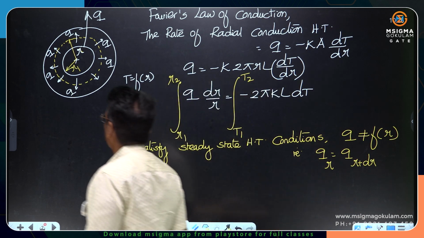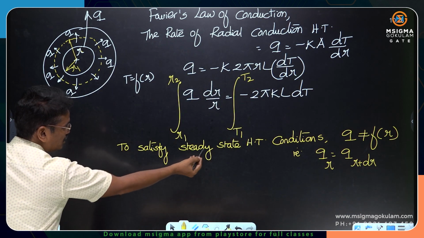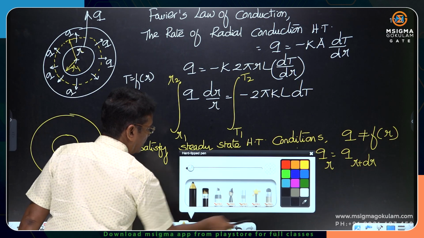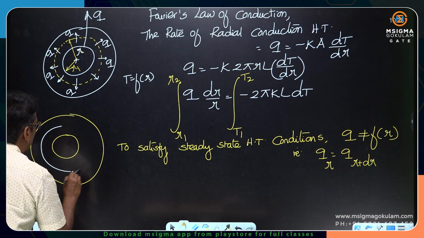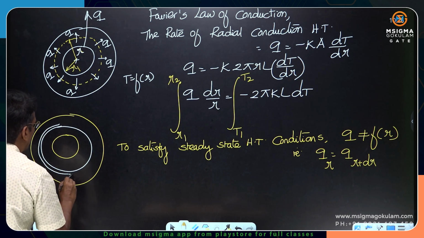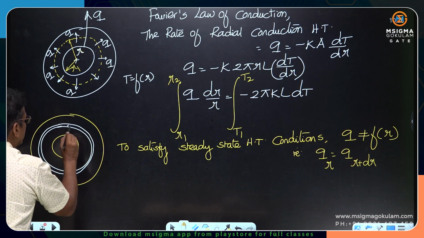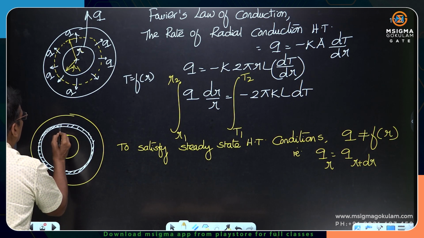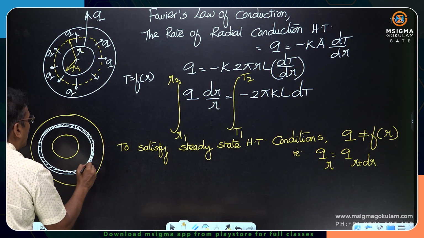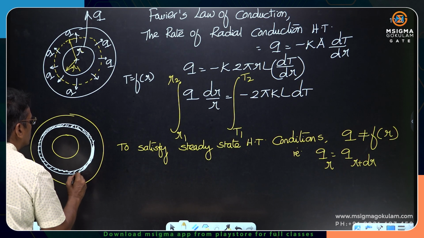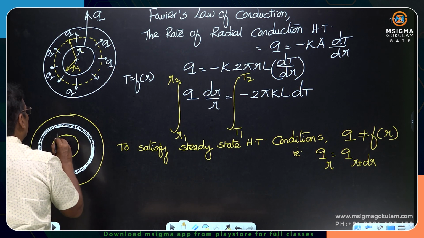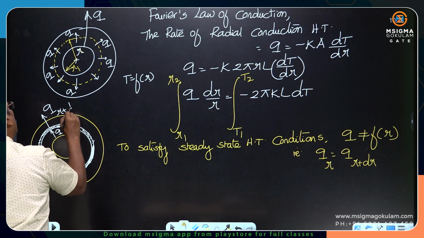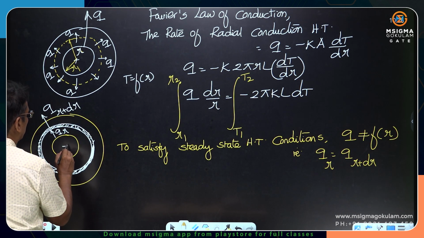Why is it like that? You can understand like this. Supposing you take a small differential cylindrical element, Qr and Qr plus dr should be equal.